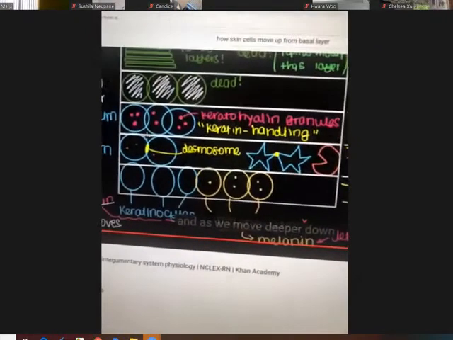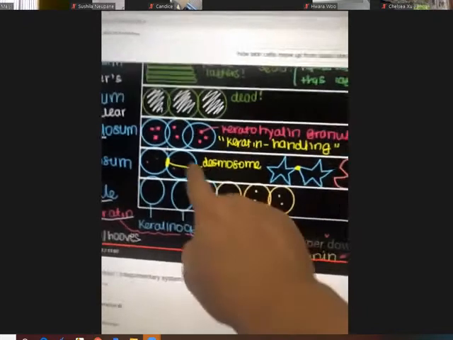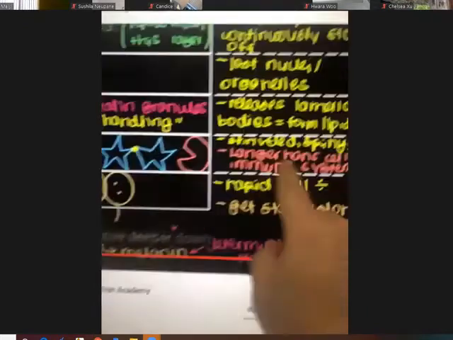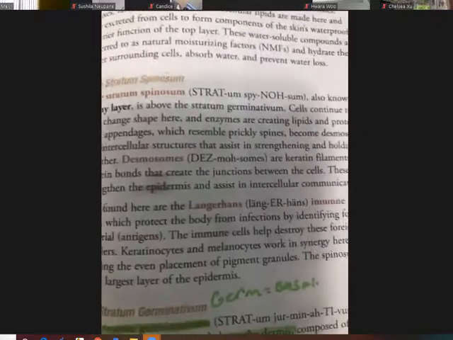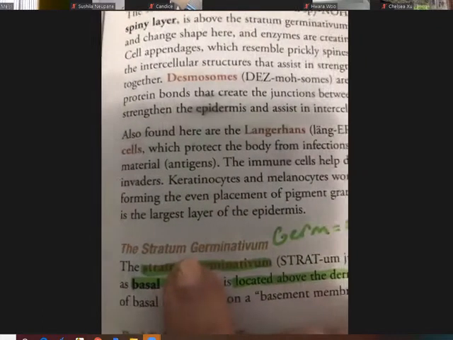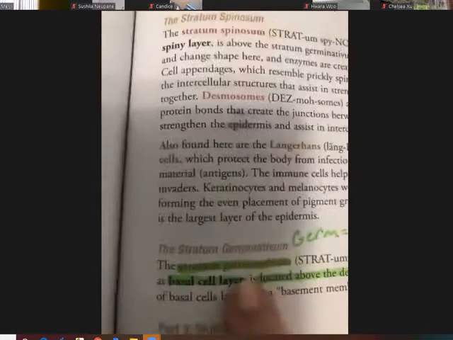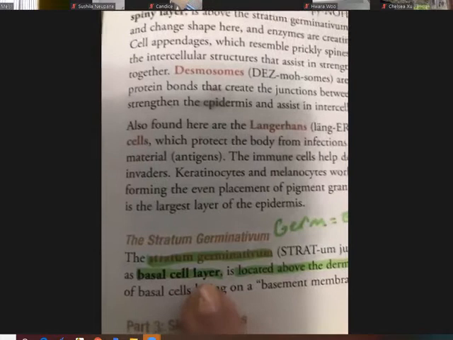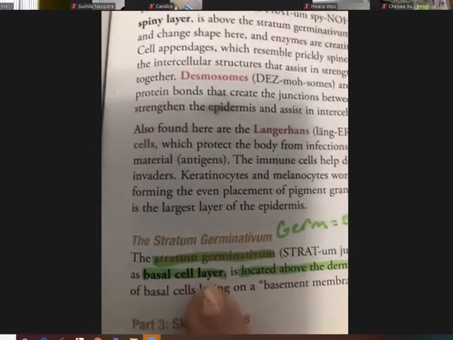The immune cells of your skin are found in this 4th layer, called Langerhans cells. Langerhans cells are the ones that protect the body from infection. Now the last layer, stratum germinativum, also known as the basal cell layer, is right at the bottom of your 5th layer.